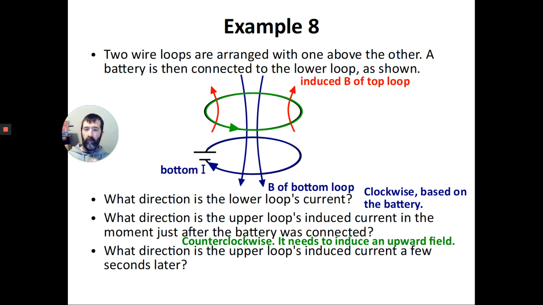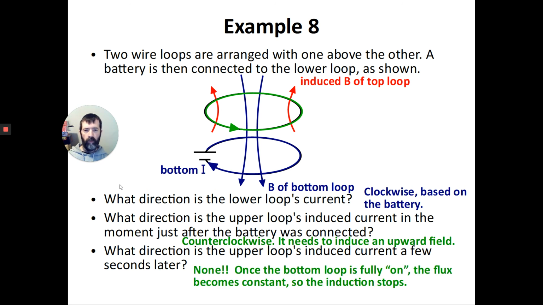That means that the magnetic field produced by the bottom loop, that I've drawn in blue, is also going to be constant. And so the flux through the upper loop is not changing anymore. So if you wait for the system to warm up, the induced current will stop.